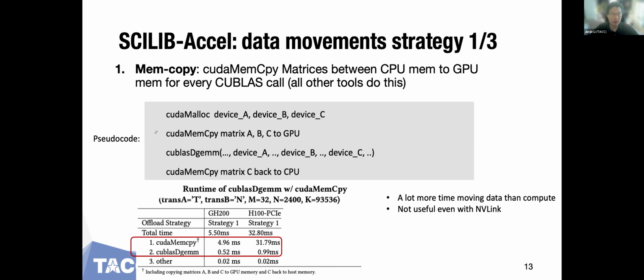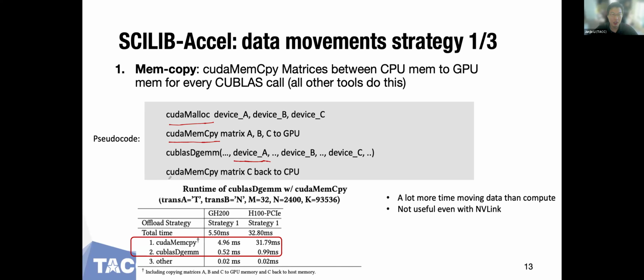In this strategy, after we intercept the CPU BLAS symbols, the call comes to our BLAS wrapper. We do cudaMalloc, allocating the GPU memory. Then we do cudaMemcpy, copying the matrices from the CPU to the GPU. Then we pass the GPU pointers to cuBLAS for GPU execution.